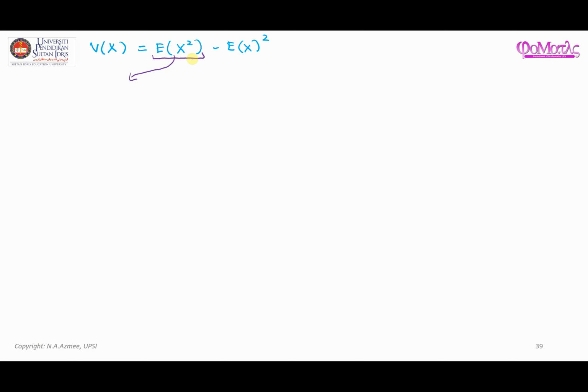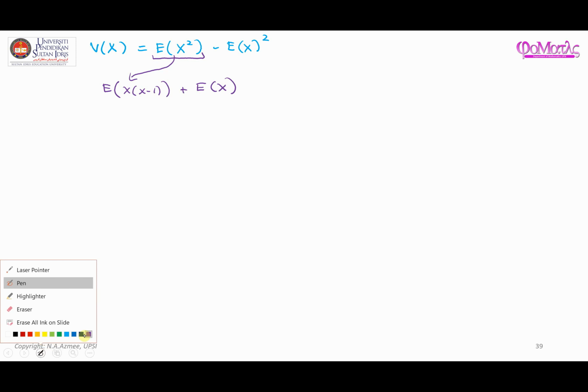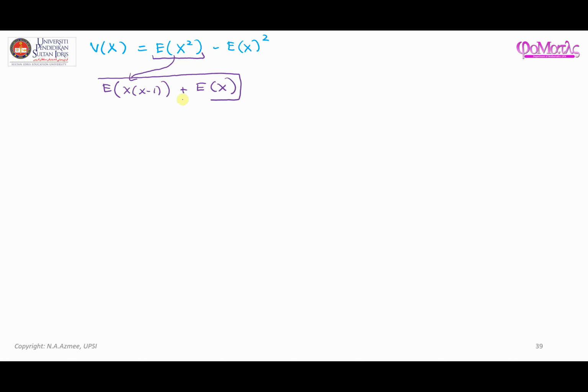Think about finding it using a different approach, which is to find the expected value of X(X minus 1) plus E[X]. If you expand the whole thing, you expand X times X and you get X squared minus X, plus E[X].